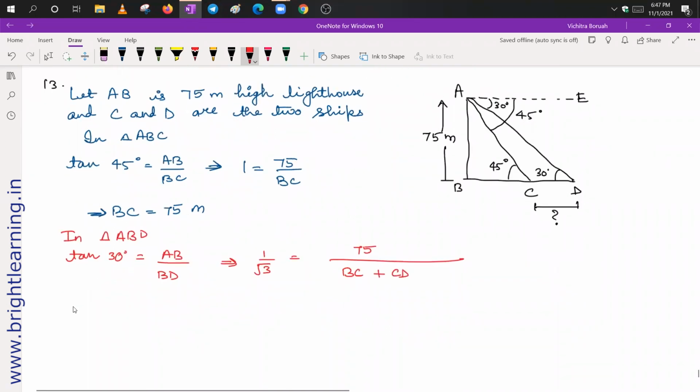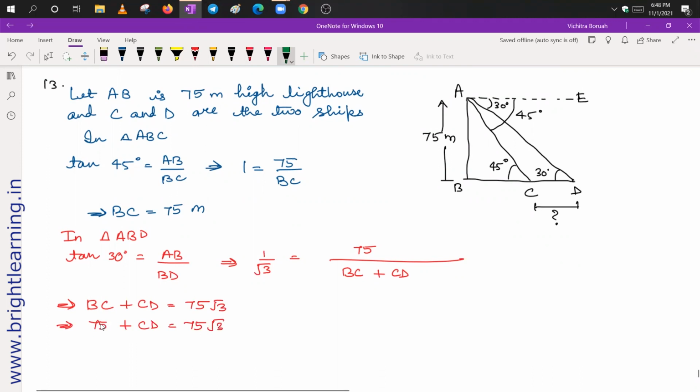Next, let's do the cross multiplication. After cross multiplying, we will get BC plus CD equal to 75 root 3. Putting the value of BC, which is 75, we get 75 plus CD equal to 75 root 3.